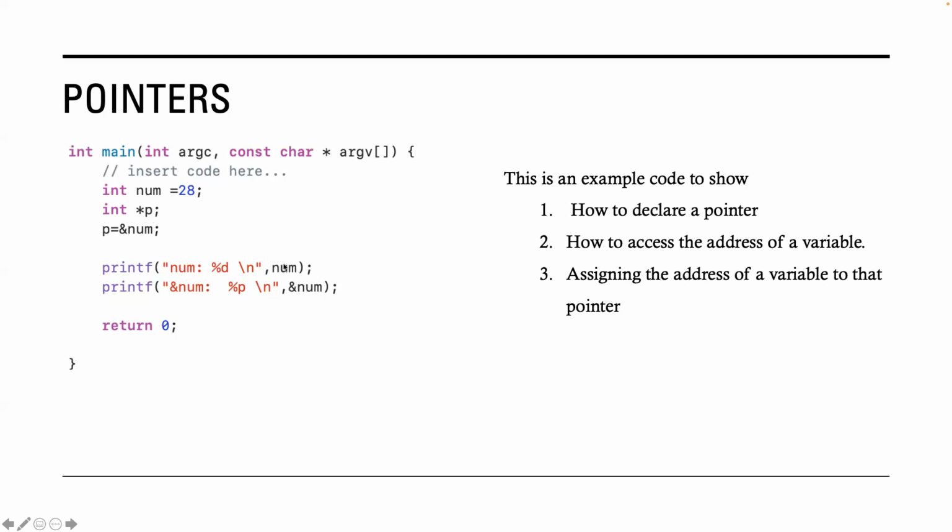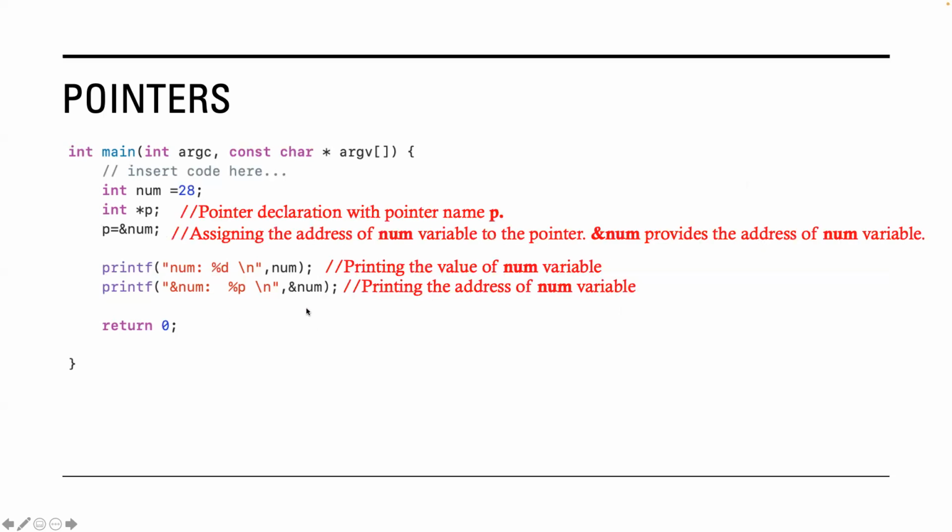So in this code, I'm printing the value of the variable called num, and also I'm printing the address of that variable. So here you can see that I put the percentage mark %d inside this printf because I'm printing a numerical value.